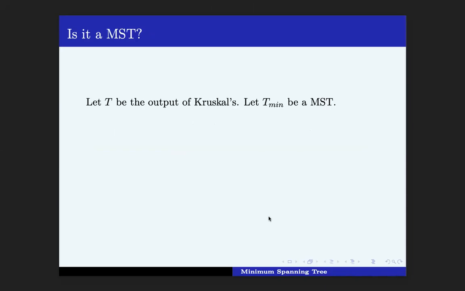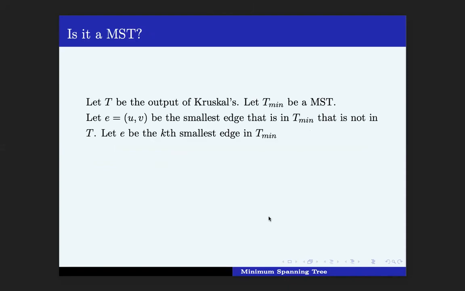So say T is the output of Kruskal's algorithm, and let's say that T min is an MST. What do I have to prove? I don't have to prove that T is equal to T min. I have to prove that T and T min have the same weight, right? Now say I ordered the edges.